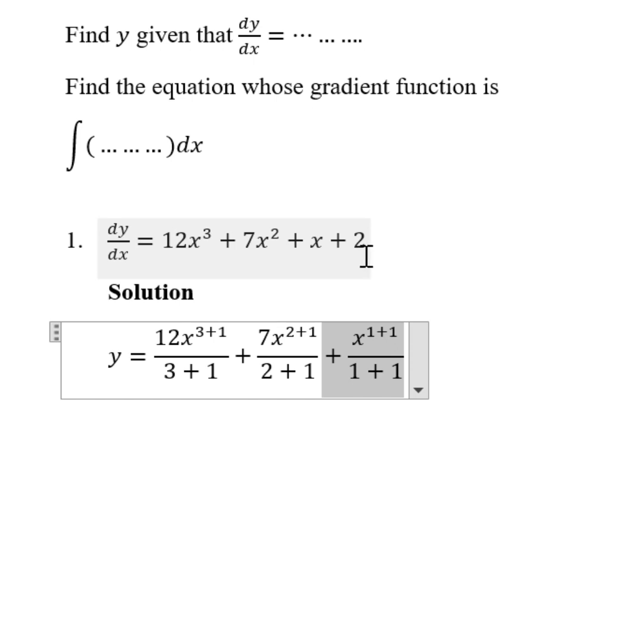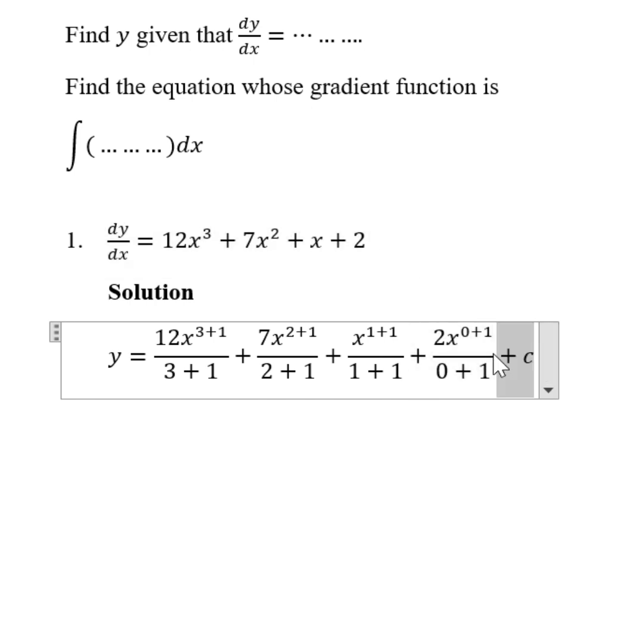And then for this 2, it's like it is 2x raised to power 0. So we shall add 1 to the power. We shall have 2x raised to power 0 plus 1 divided by this new power, which is 0 plus 1. Once you have finished the integration, you add a c to cater for that constant we have talked about up here. Then now we simplify.